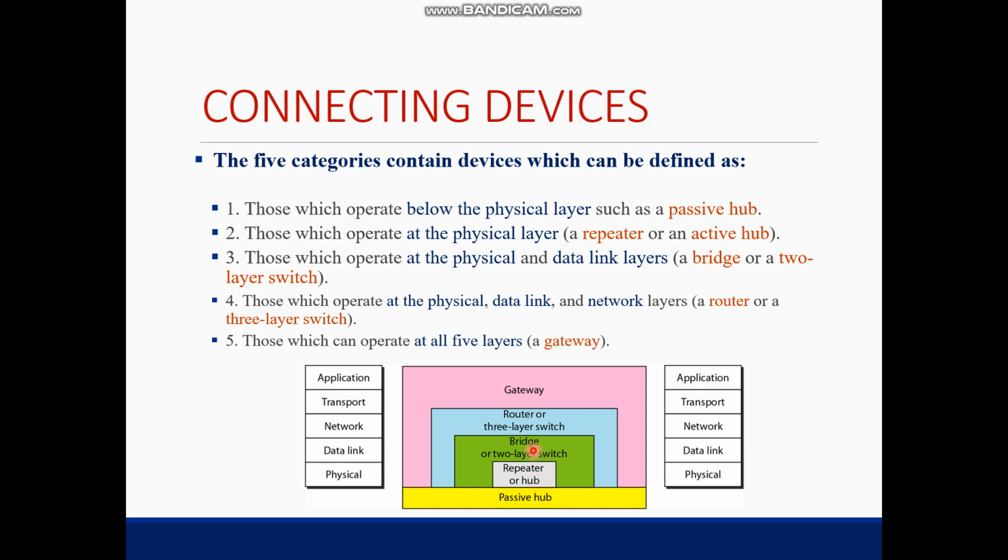Then we have bridges, or two layer switches as well, so they are working in both the data link layer and the physical layer. Routers or three layer switches are working in the network layer, data link layer, and physical layer. However, the gateway, which is in the fifth category, works in all five layers of the TCP/IP protocol internet model.